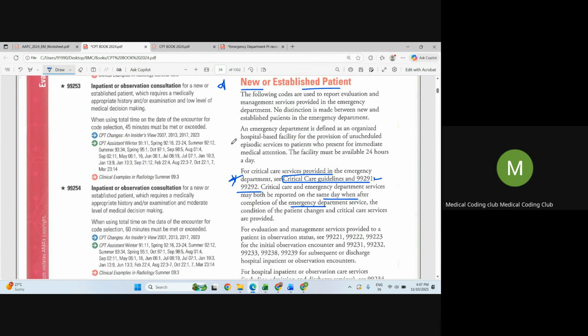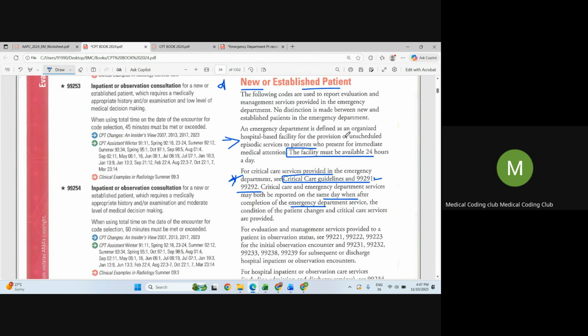And in the same way, to understand more about what the emergency department is, it is just a particular portion of the hospital that is considered the emergency room, and this facility must be available 24 hours a day. Okay, it will always be open, and it's not like only a critically ill patient will go to the emergency department. It can be a simple problem or a much more complicated problem.